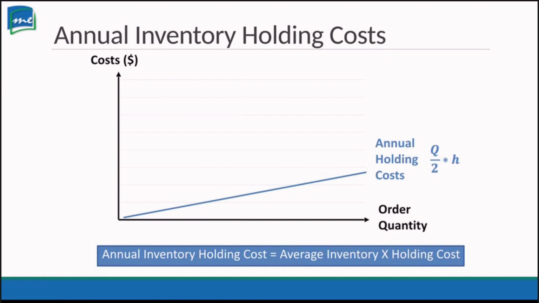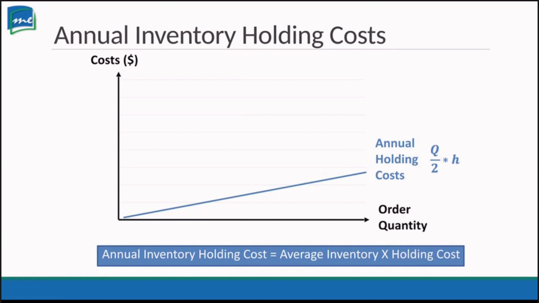For the holding cost, we know that for each period, the average quantity of inventory you keep on hand is half of Q. And for each unit, the holding cost is h, which means if you want to keep one unit, you need to pay the small h. If you have 20 units, then you have 20h as the total holding cost for each period.